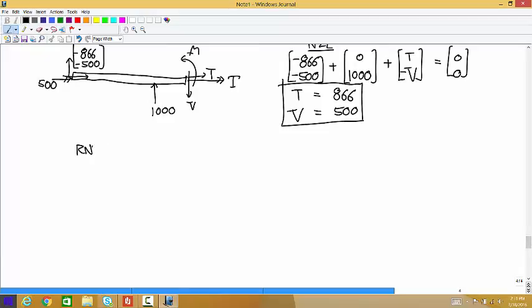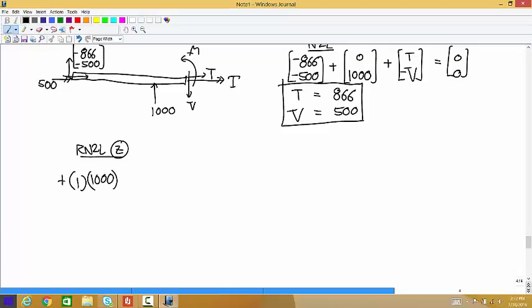And now the moment equation about the z-axis. Nothing on the left end produces a moment. The 1,000, what's the moment arm for that 1,000? 1 meter. The force is 1,000. And would that make a clockwise or counterclockwise rotation about the left?